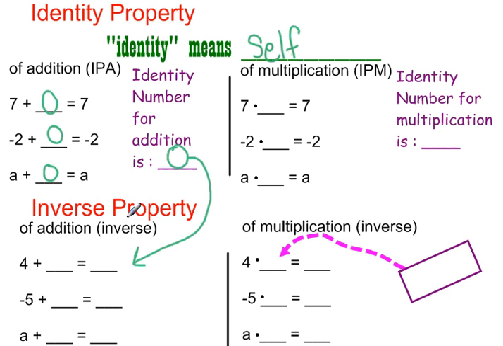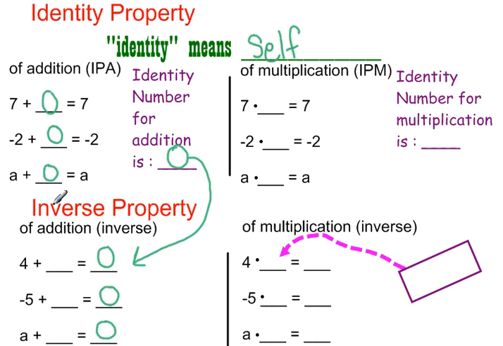Inverse means opposite. And so I'm trying to start as the number 4 and end as this number 0. I'm going to start as -5, but I want to end as the number 0. I'm going to start as the letter A, but I'm going to end with the number 0. So what could I add to 4 that will take me down to 0?